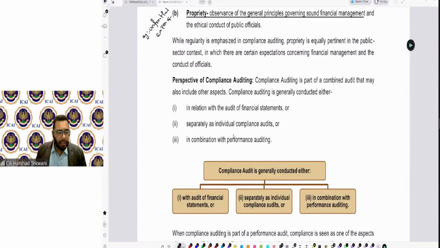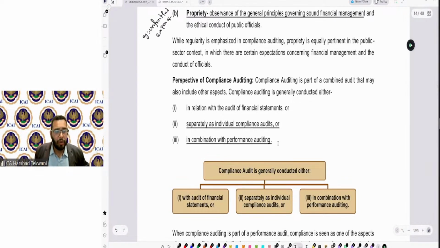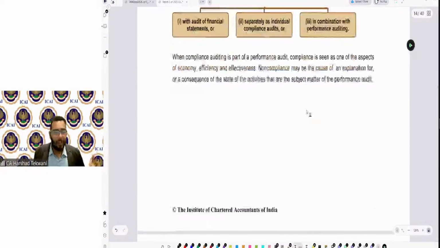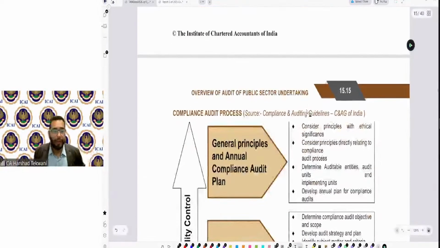Now, that is again done with respect to a financial statement. Okay. Compliance audit could be done separately as an individual compliance audit. It could be done with the performance audit. It can be done with the financial audit, can be done separately, can be done with the performance audit. Okay. So there are different perspectives of doing these kinds of audits.